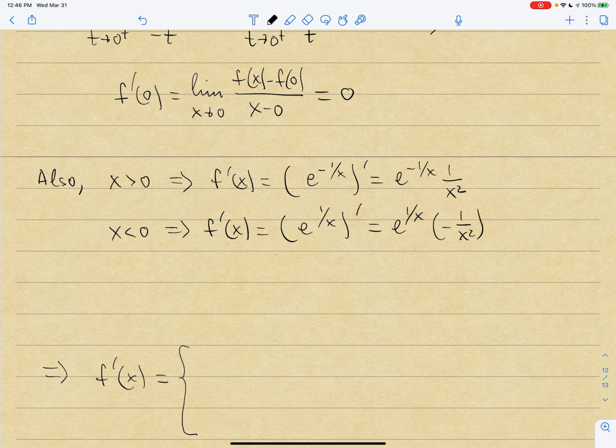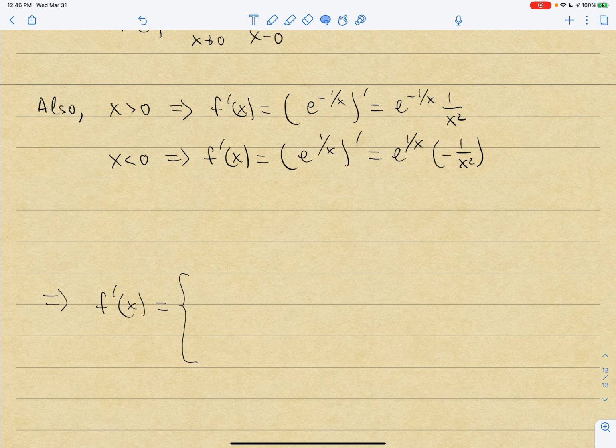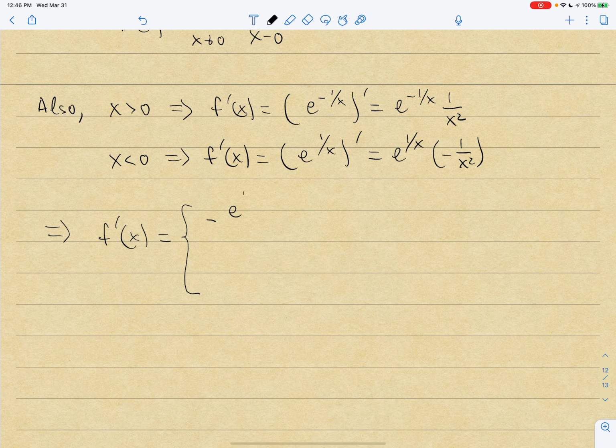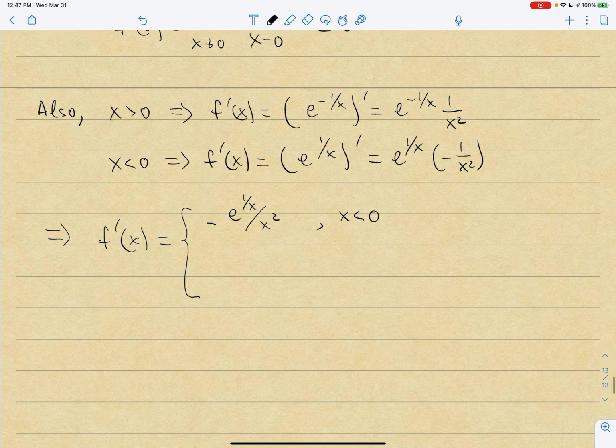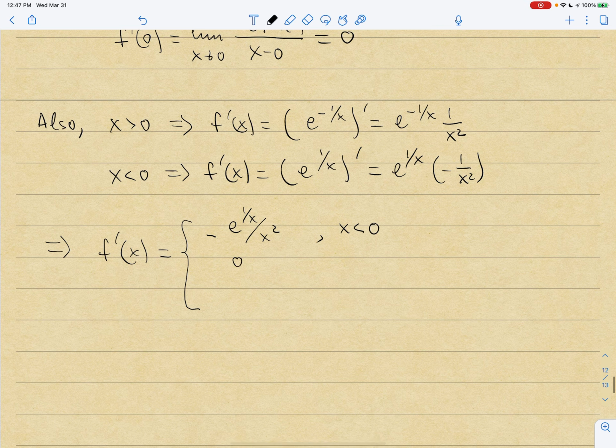And so we have 3 different prescriptions now. If you compute f prime of x, if x is negative, then f prime of x is minus e to the 1 over x, over x squared. That is if x is less than 0. If x is equal to 0, then the derivative is 0.